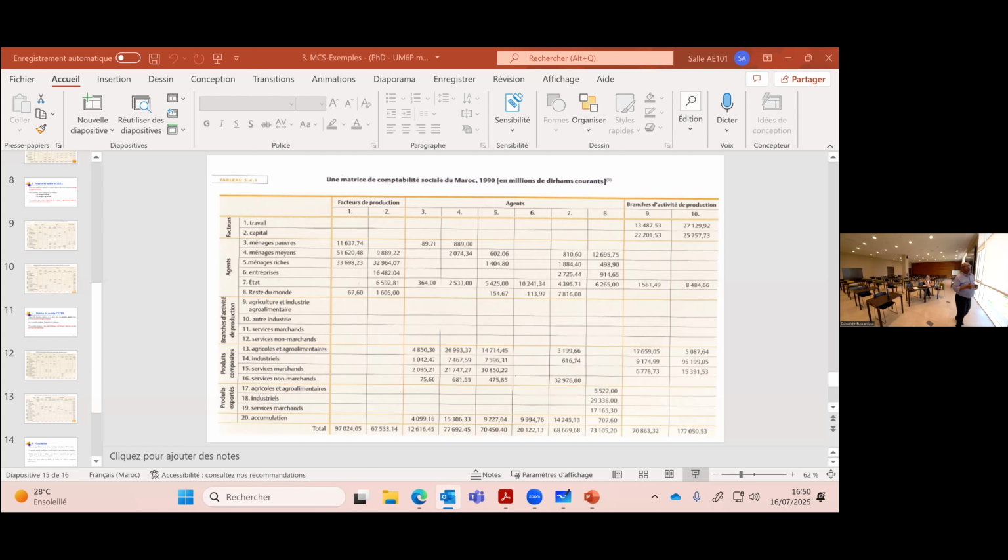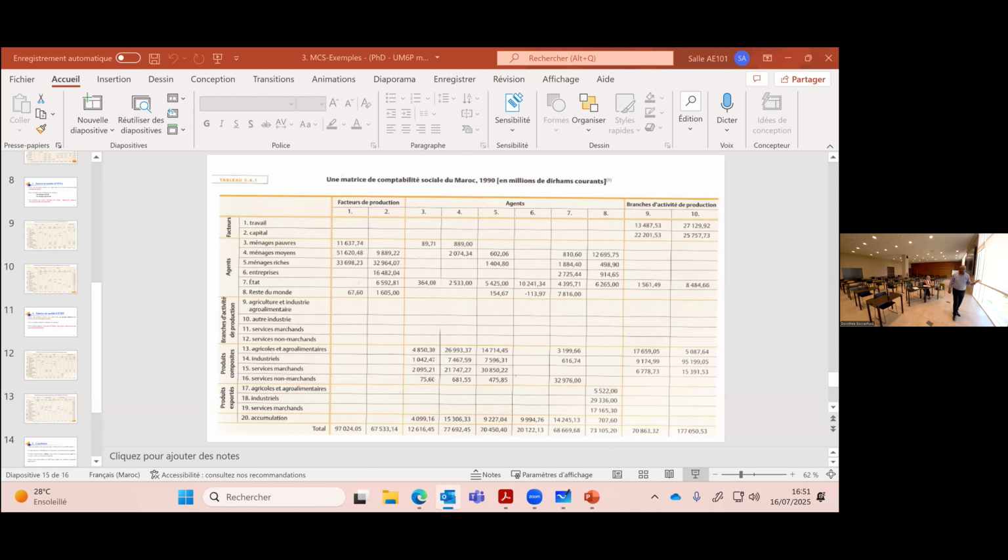What accounts do we have generally? We have the production factors. We have the agents in the economy: households, in different categories of household, firms, government, and the rest of the world, if we have to model the rest of the world.